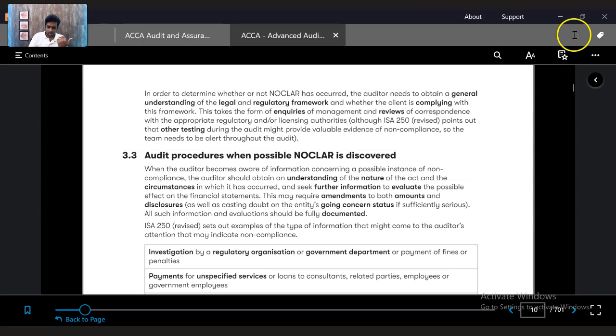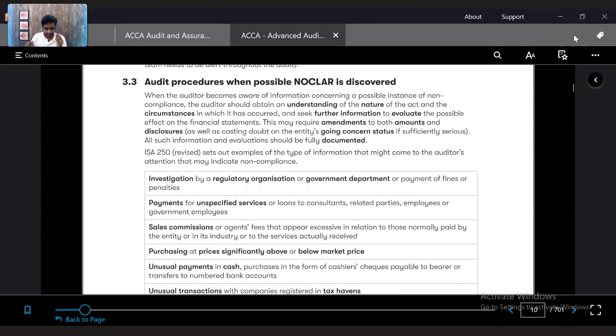So what auditors do is create certain procedures when a possible NOCLAR is detected. If they detect a possible NOCLAR, then they create a set of procedures to help them identify if there is any non-compliance.